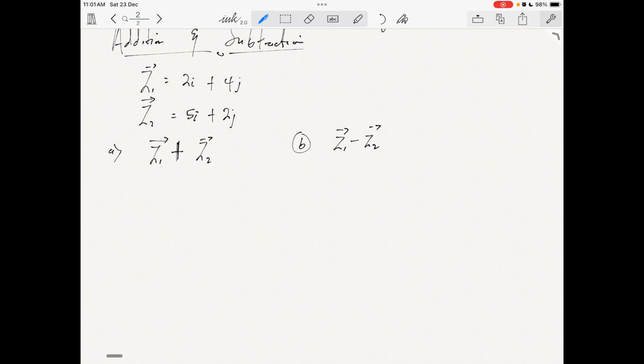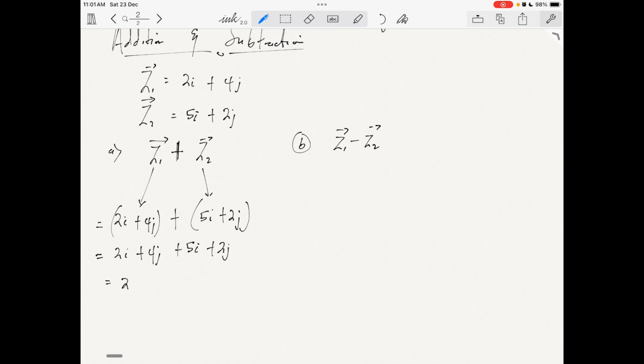As usual, let's substitute our values of Z1 and Z2 and put them in brackets. That's 2I plus 4J plus 5I plus 2J. Let's open the bracket, it's positive. That's 2I plus 4J plus 5I plus 2J, and we can collect like terms together.